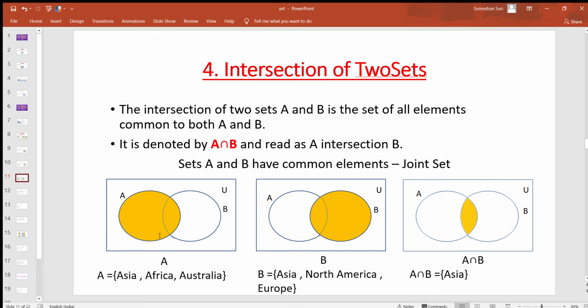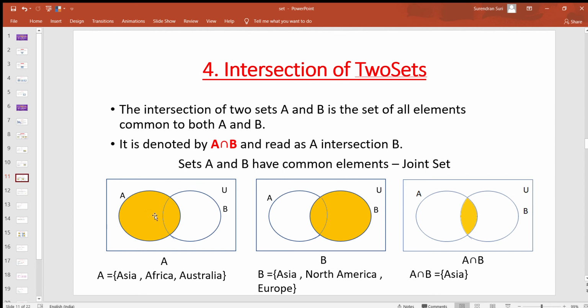Next we will see intersection of two sets, where the intersection of two sets A and B is the set of all the elements common to both A and B. It is denoted by A intersection B. So again we are seeing a joint set where A and B have common elements.